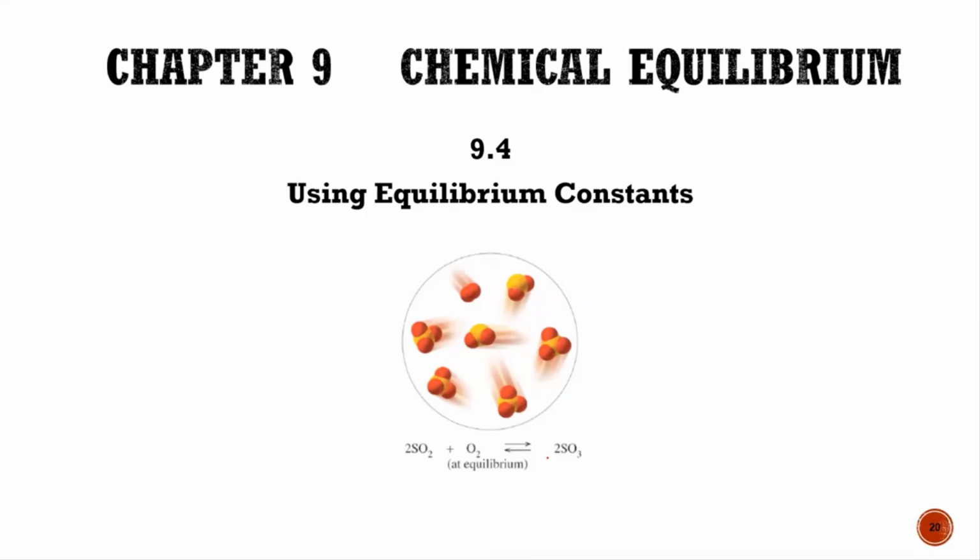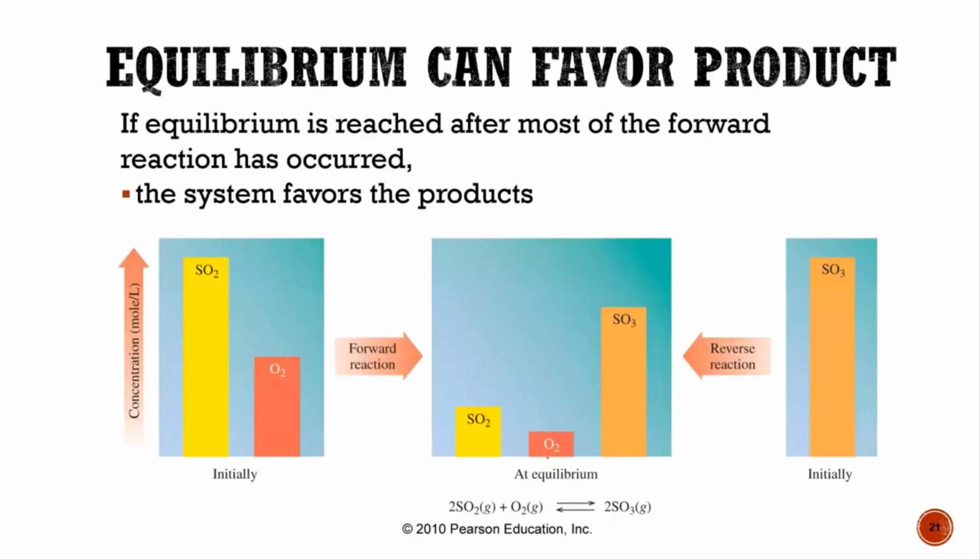What's the big deal? Why would we even bother doing that? Well, the equilibrium can favor either the products or reactants. So in some reactions, the products will be favored. In other reactions, the reactants. And it's the K expression that will help us determine that. So we'll take a look.